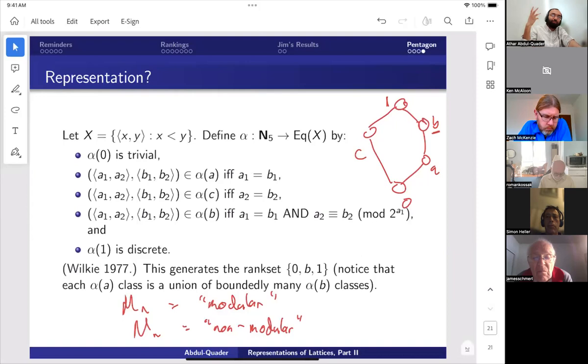Now you can get larger and larger representations that satisfy more and more of these canonical partition properties that you want, as long as you start with some congruence representation. And so any lattice that has a congruence representation can be realized as a substructure lattice.